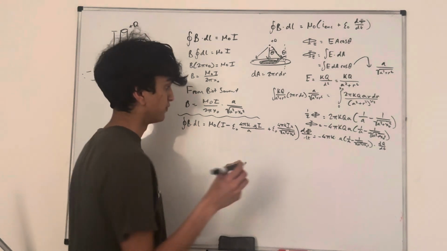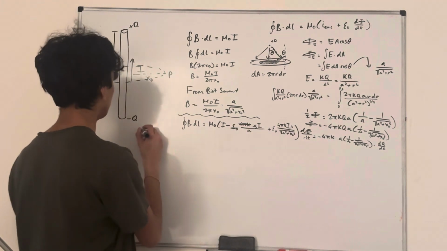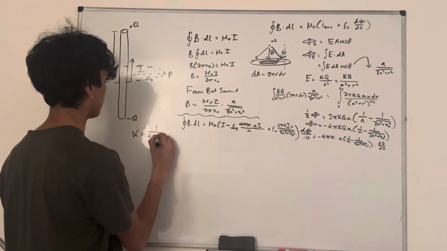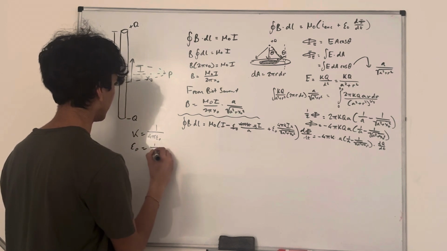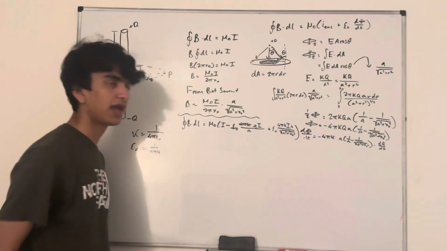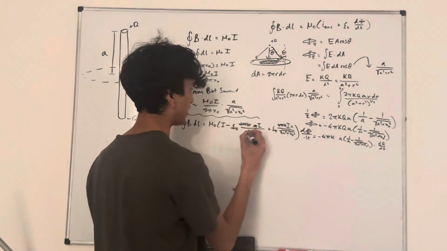Here's what's kind of magical. 4 pi k. Coulomb's constant is 1 over 4 pi epsilon naught, or epsilon naught equals 1 over 4 pi k. So I'm doing 1 over 4 pi k times 4 pi k. It cancels out. Hey, the a also cancels out.